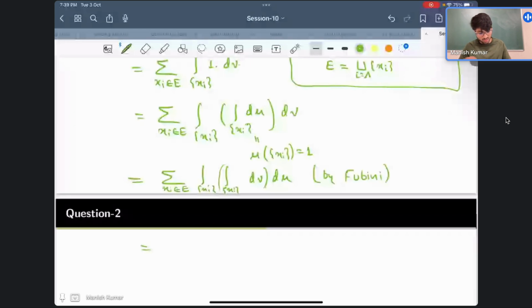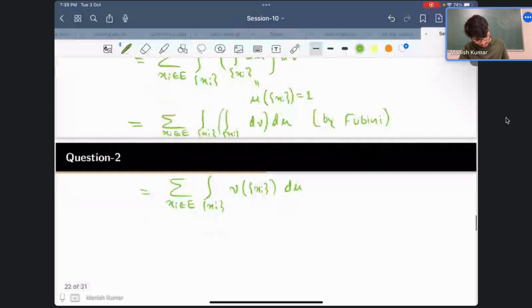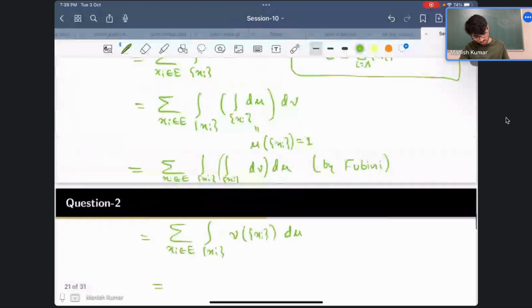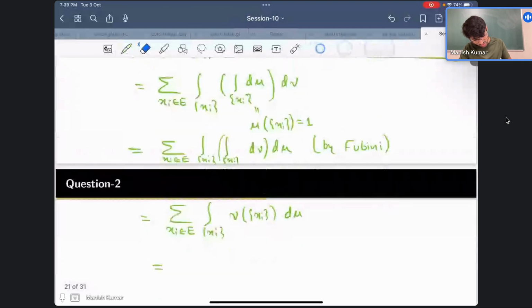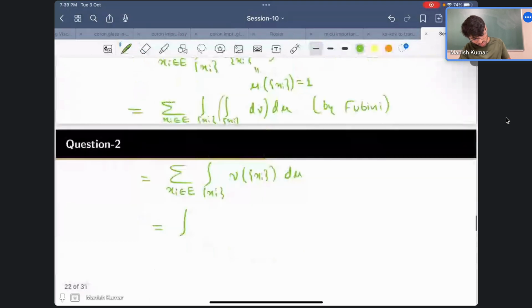So this quantity I'm just writing as nu of xi, nothing special. Since xi is over E, I can write it as E. So this is nu of d mu, and this is the function f.